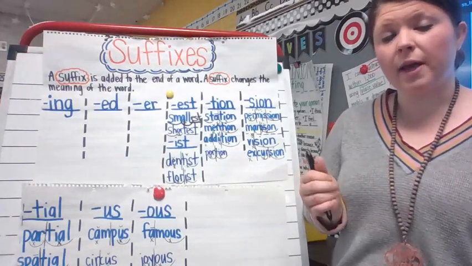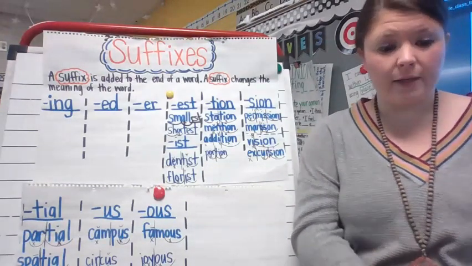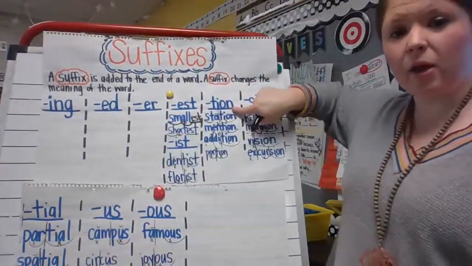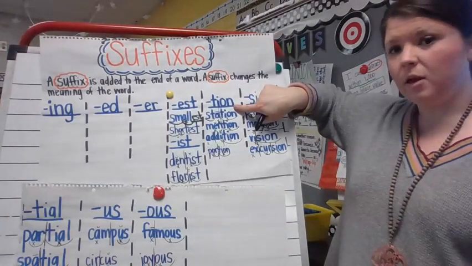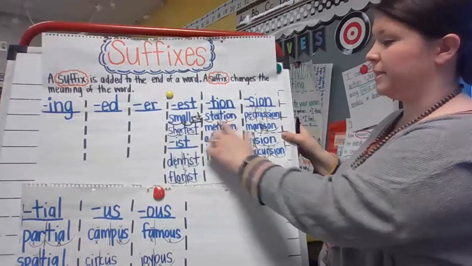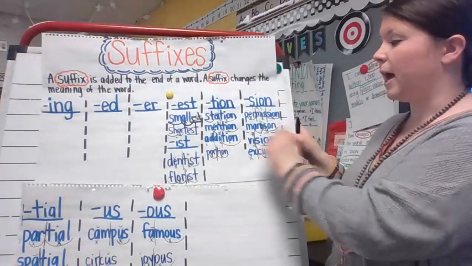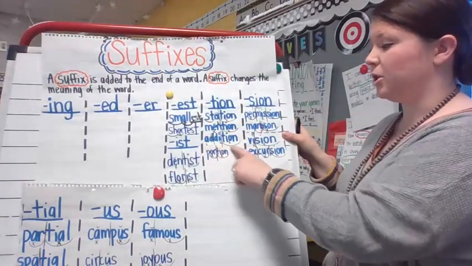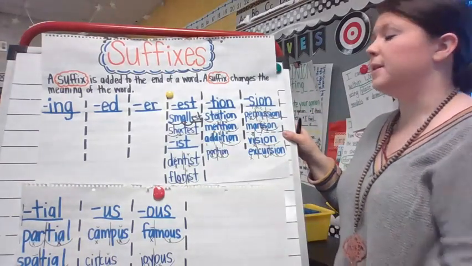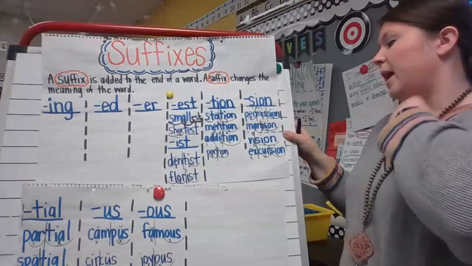Let's go back through and look at our other suffixes that we have learned this week. We have tion. Tion says what? Shun, like in the word station, station. Then we have mention, addition, and portion. We also have the suffix sion.